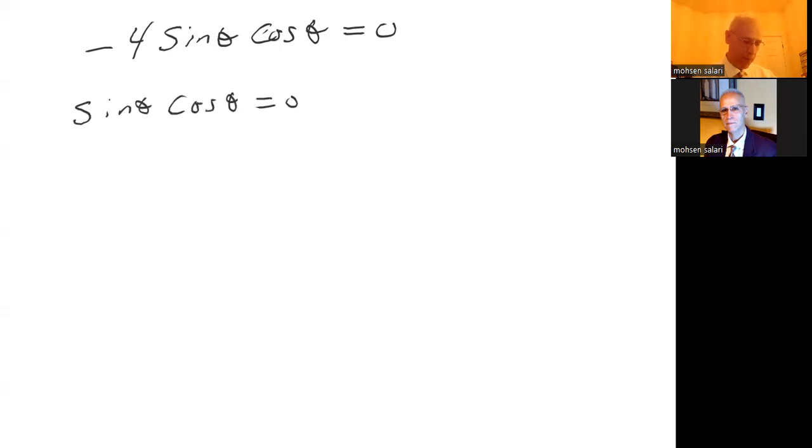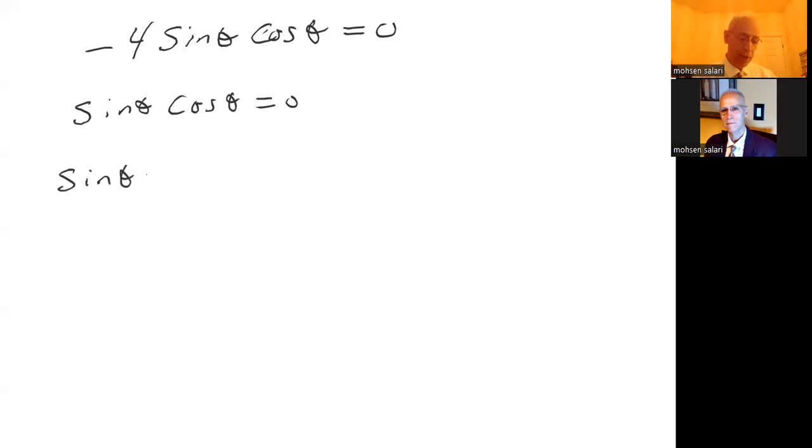So I have -4 sine theta cosine theta equals 0. I think the easiest for this one is to just divide both sides by -4. So I have sine theta cosine theta equals 0.